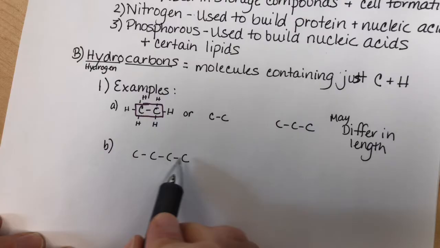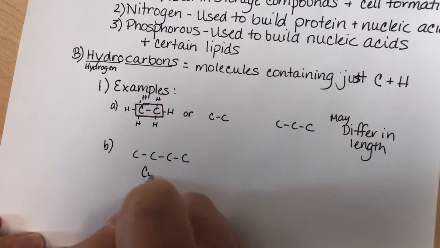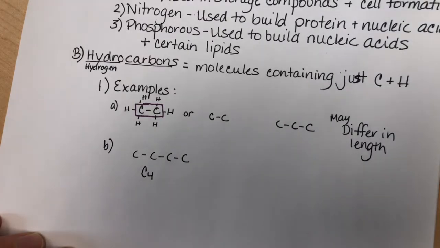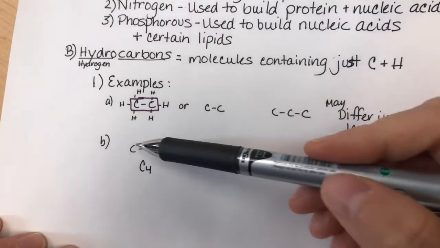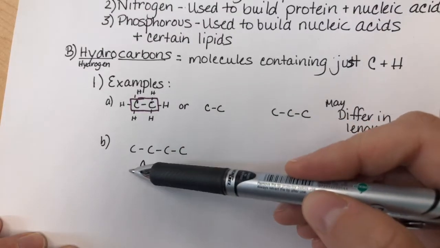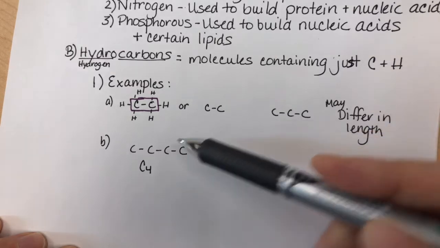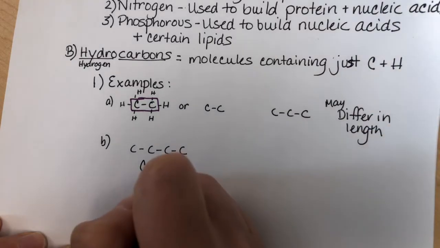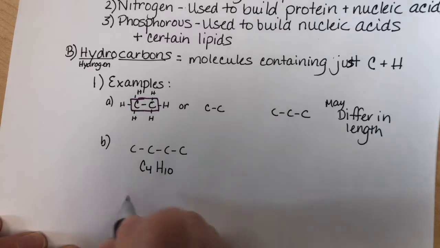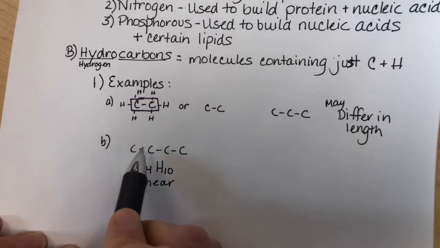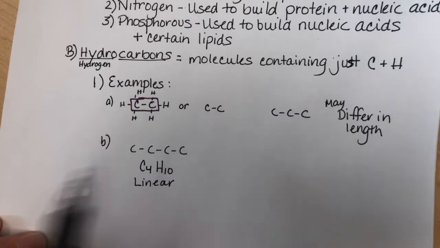Carbon would be first, so this is C4, there are 4 carbons. And how many hydrogens would be attached? 1, 2, 3, 4, 5, 6, 7, 8, 9, 10. So our formula would be C4H10. And we would say that this is a linear molecule because each carbon is attached to another one in a line.